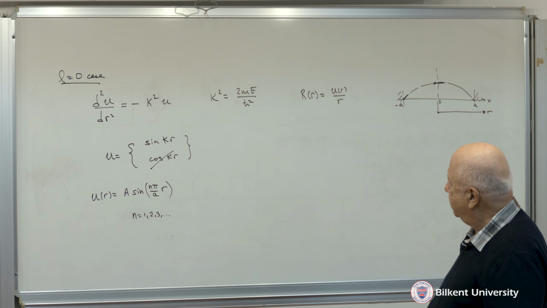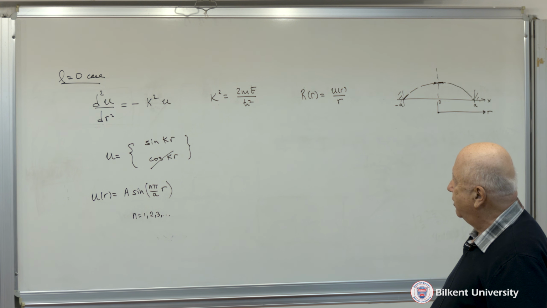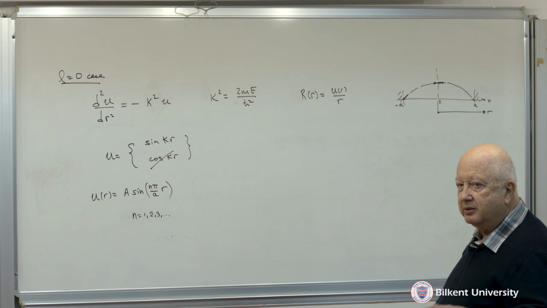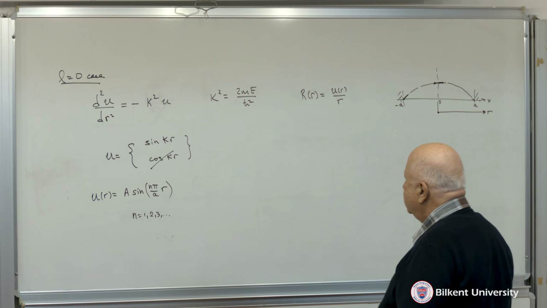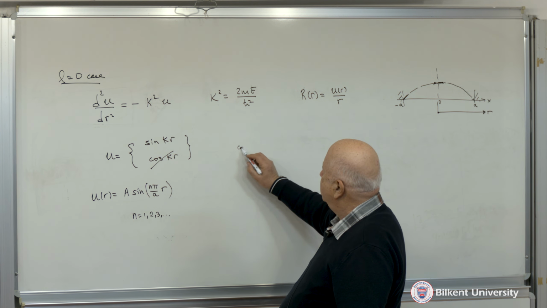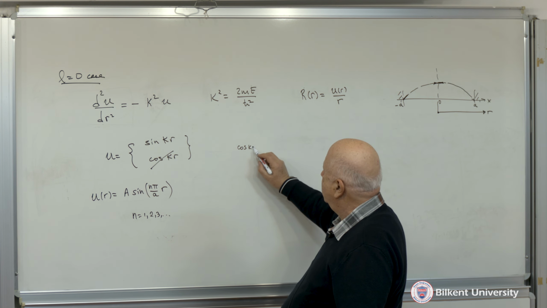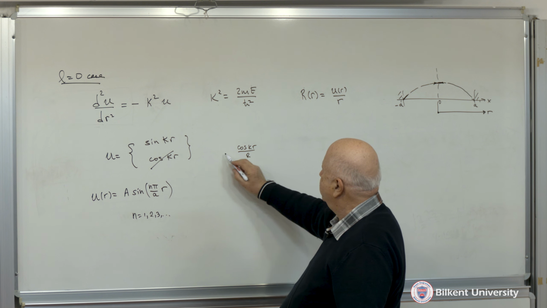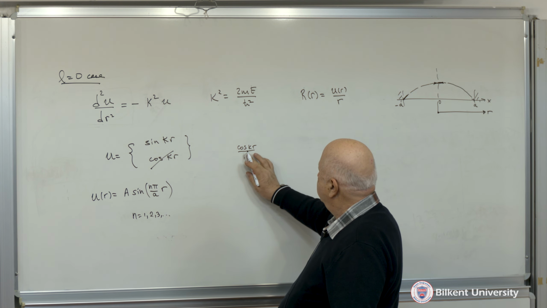If you look at your textbook, there is some discussion about how cosine might sneak into this discussion, because you have this cosine kr over r at small r.